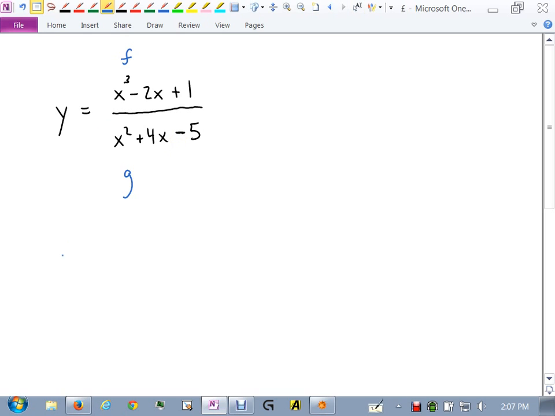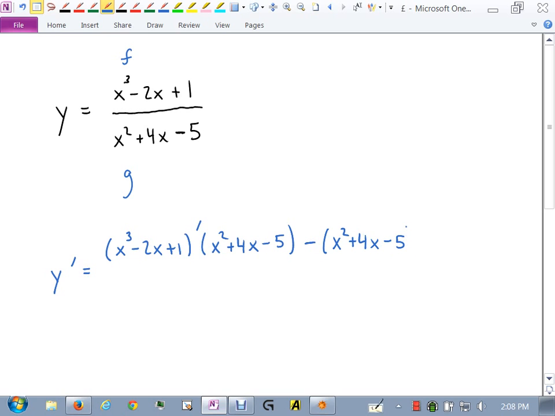So let's write down our derivative. The derivative should be the derivative of f, so x cubed minus 2x plus 1, that derivative times the g in parentheses, then what? Minus the derivative of what? g, so I'm going to put the g there.